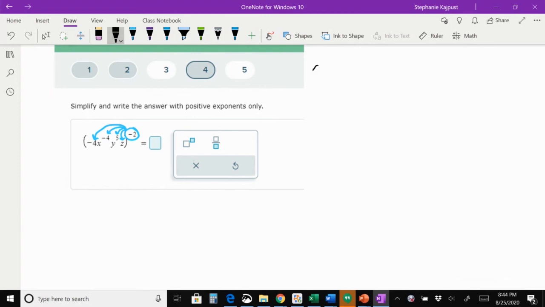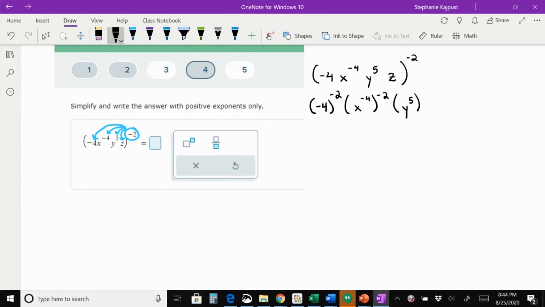So I'm going to start by rewriting this with a little more space. And so the -4 gets the exponent of -2. X to the -4 gets the exponent of -2.